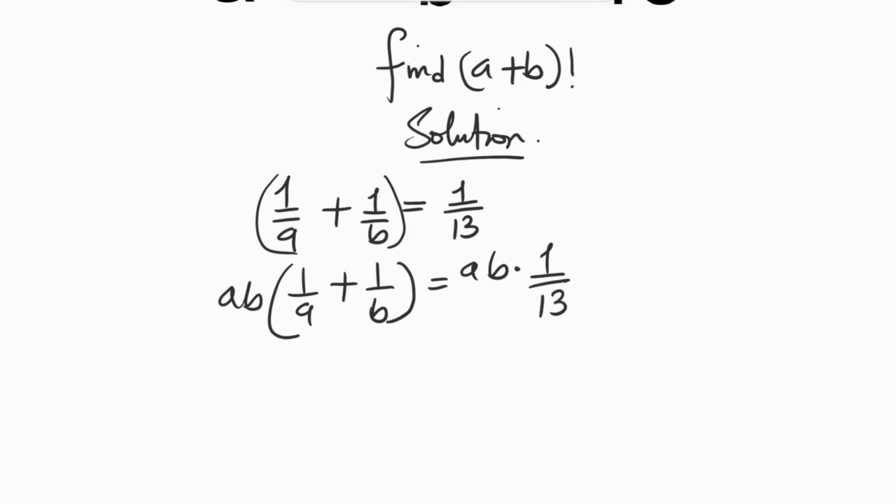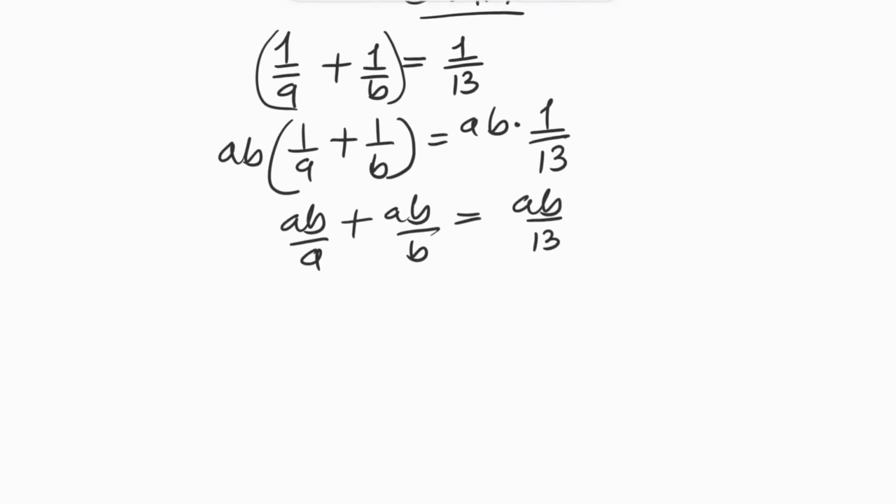So we have AB over a plus AB over b equals AB over 13. The a cancels out, the b cancels out, and we have b plus a is equal to AB divided by 13.